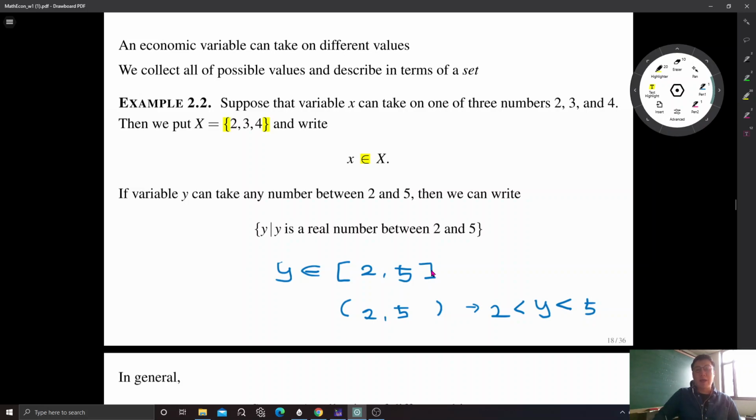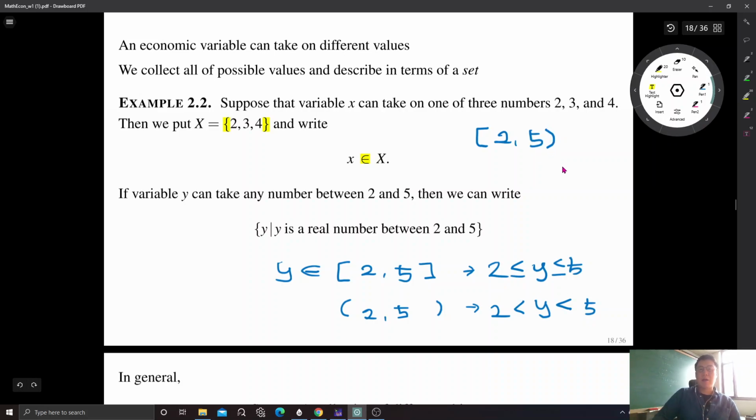And with a square bracket, we mean the boundary points are now elements of this set. So y is larger than or equal to 2, but less than or equal to 5. And we can think of another interval between 2 and 5: to 2, I attach a square bracket, but to 5, I attach an open parenthesis.